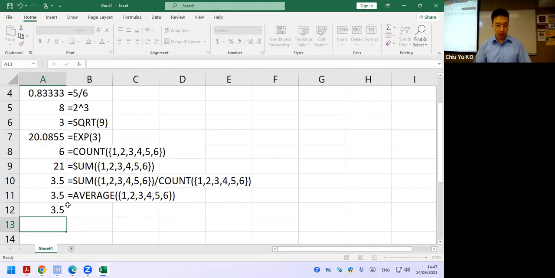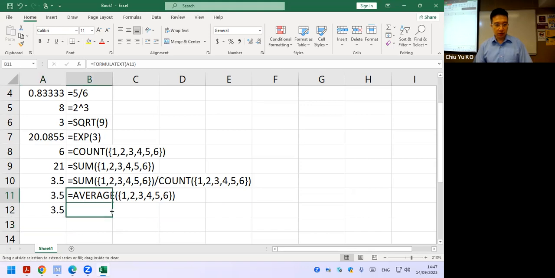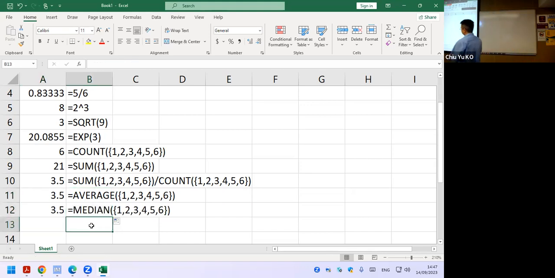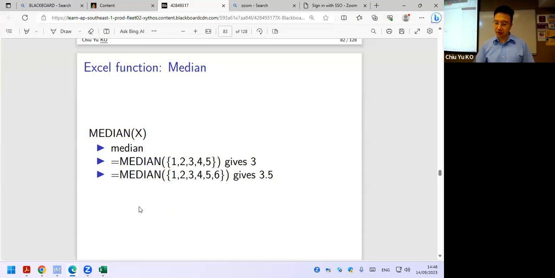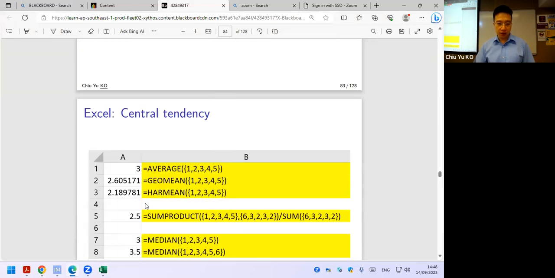Median gives you 3.5 as you expect, because median is just in between, the mean of the two middle values. So that is how these functions are being used. I'm trying to be quick here, but in case you have any question, feel free to stop me.